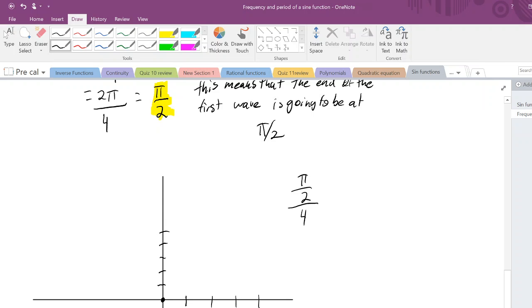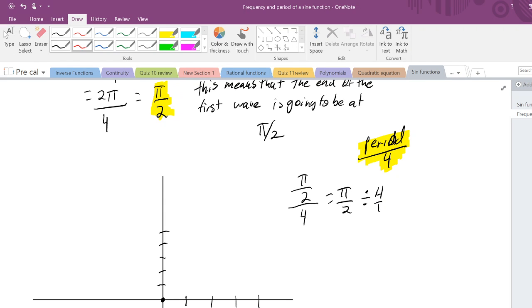Here we have 1, 2, 3, 4, and at the end is going to be pi over 2. In other words, the equation is going to be period divided by 4. This will determine each x value. So now all I have to do is divide that by 4, which, if you don't like it written like this, is just pi over 2 divided by 4 over 1.